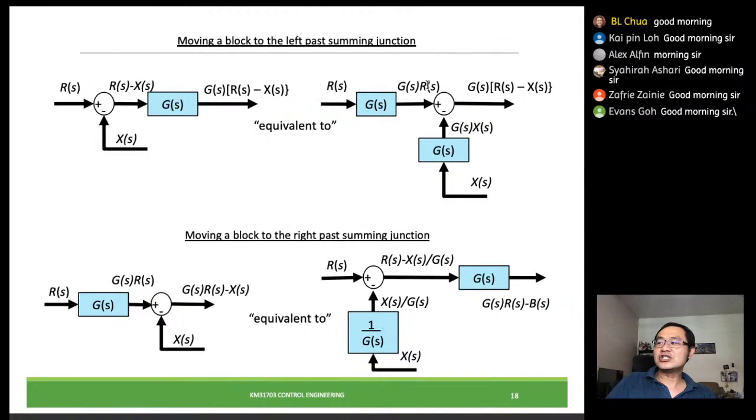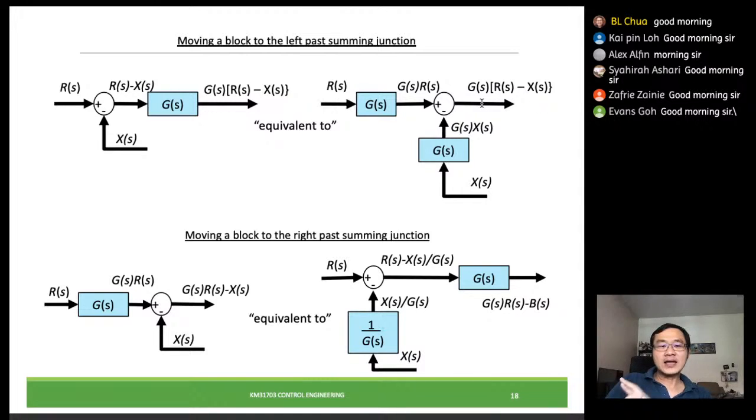So we have GR, and then x going through the G function gives Gx. When we sum them up together, we have G multiplied by R minus x. So this is the idea of it.